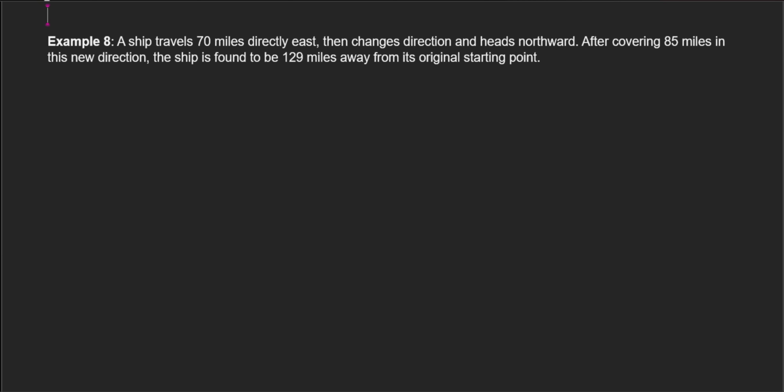So, if this is the ship, kaniyang ship, move siya 70 miles. Okay? From point A to point B, it changed direction and heads northward. So, which is northward, which covered 85 miles. And this will be considered as our point C.